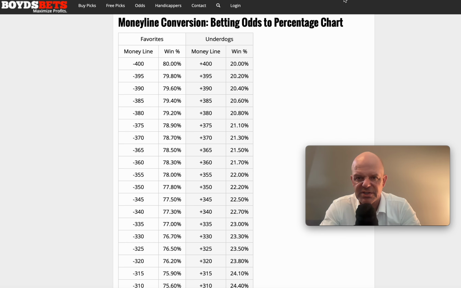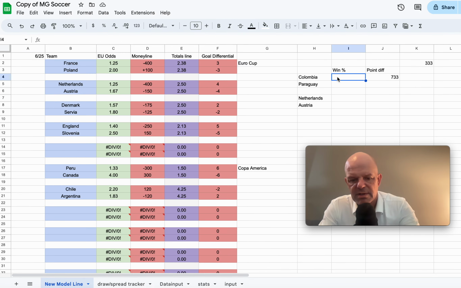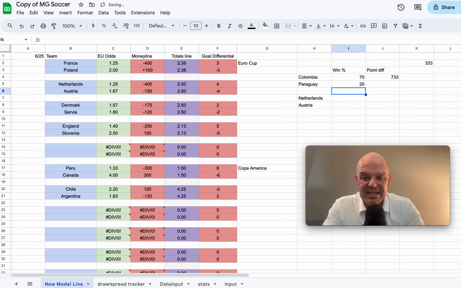Okay, so we'll come back to this chart and we'll fill this in. So analyzing that game, huge point differential, 733 points. Colombia has a 77% chance of winning, Paraguay 20%. So that one looks really good.